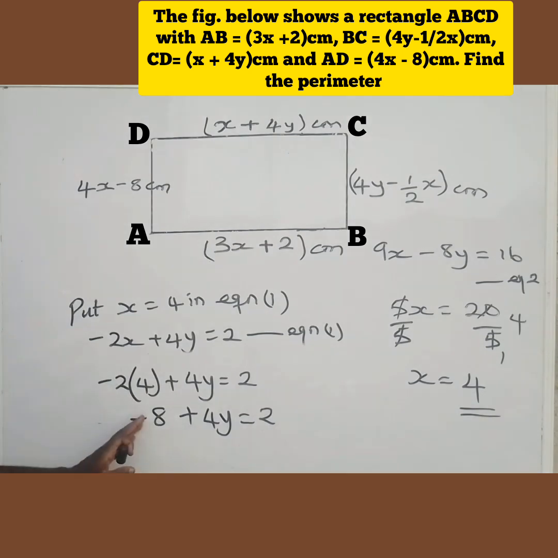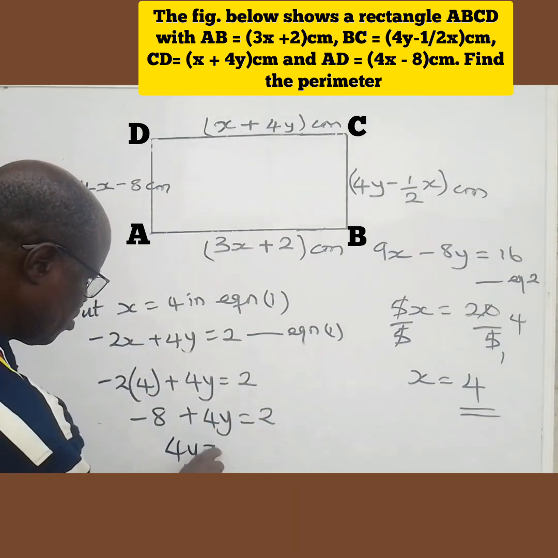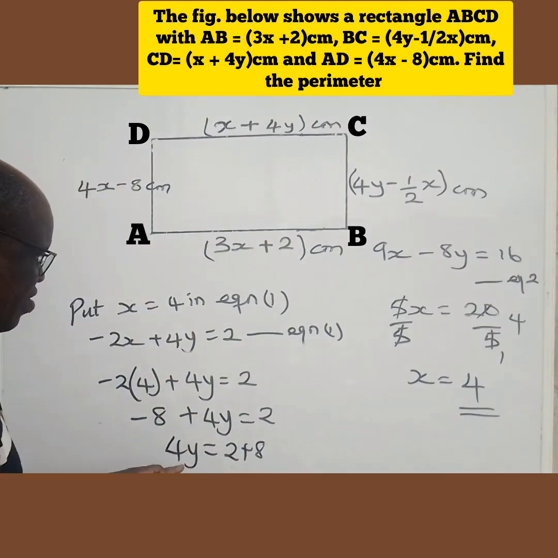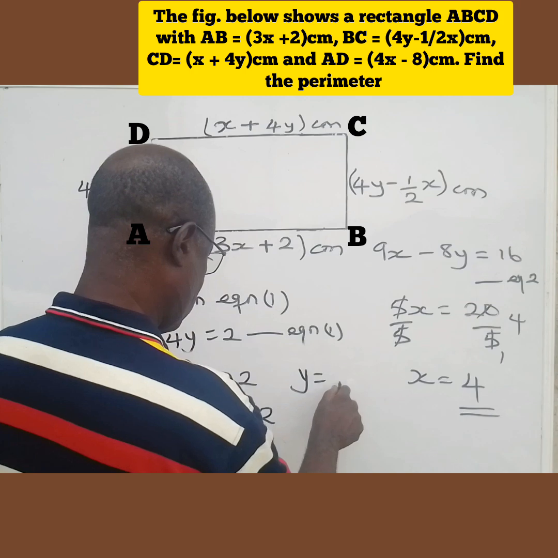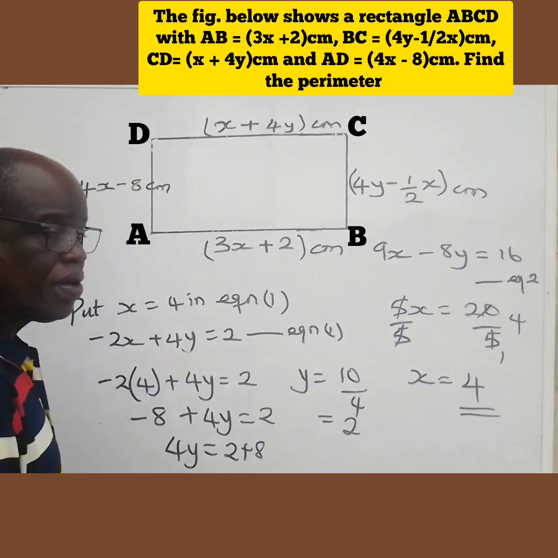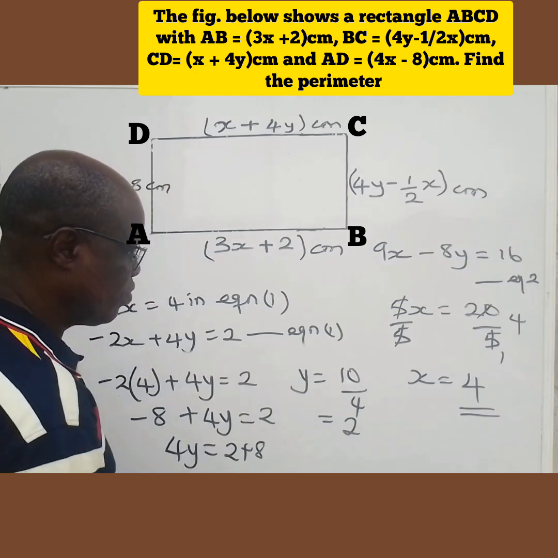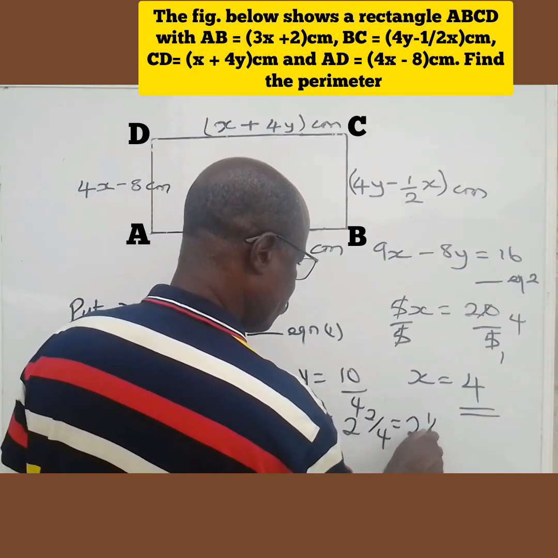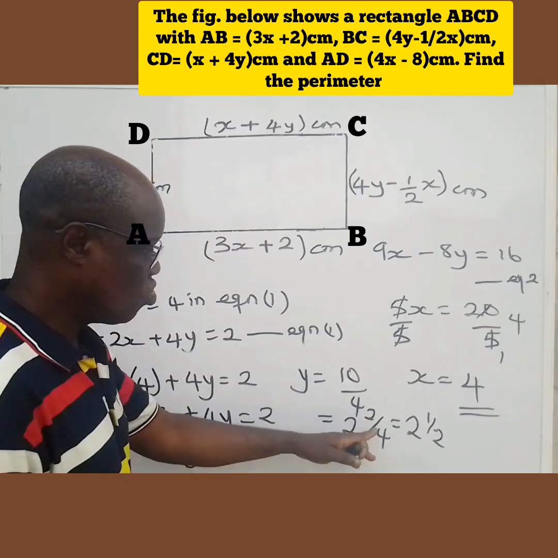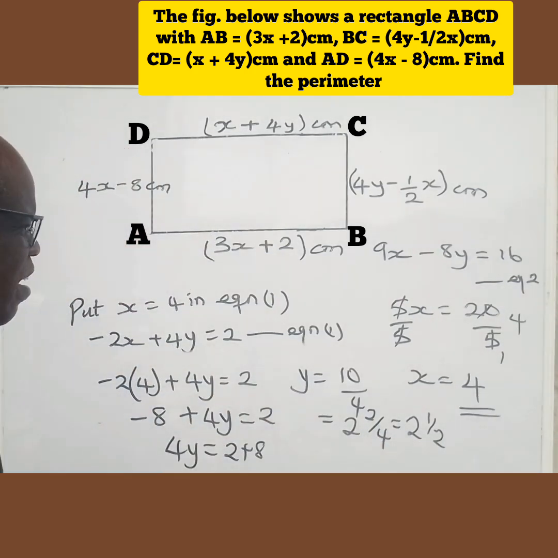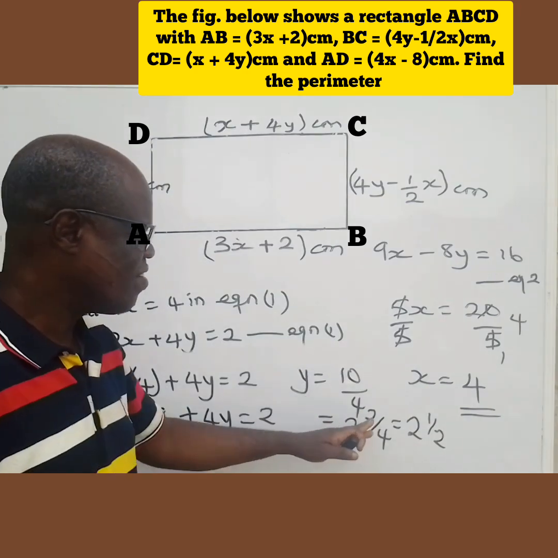So let me take minus 8 to the other side. It becomes plus 8. So 2 plus 8 is 10. So your y is equal to 10 over 4, which is 2 whole number, then you have 2 over 4, which is the same thing as 2 whole number 1 over 2. So my x is 4, my y is 2.5.